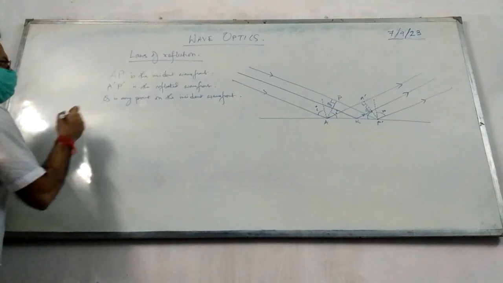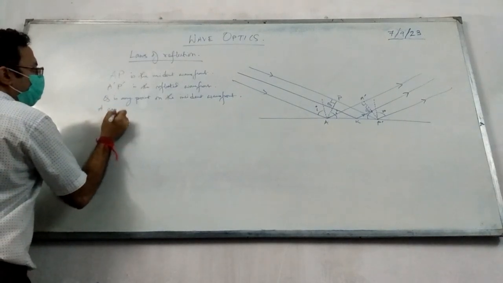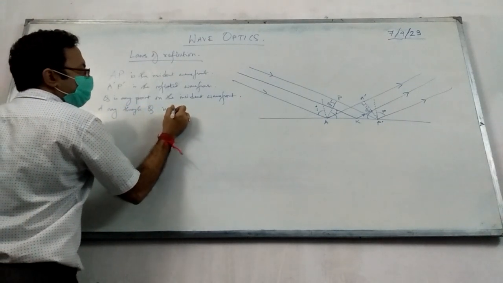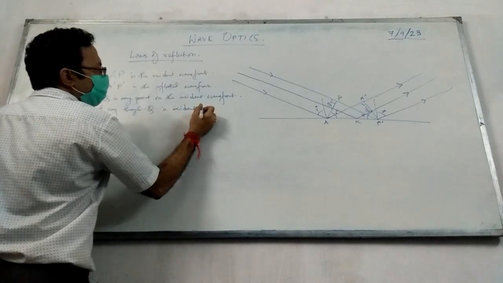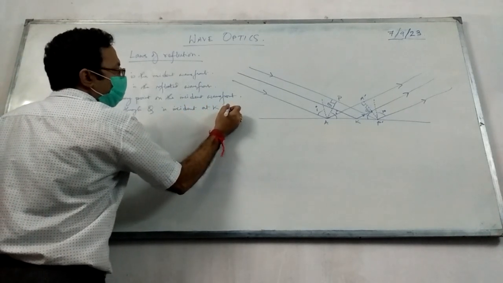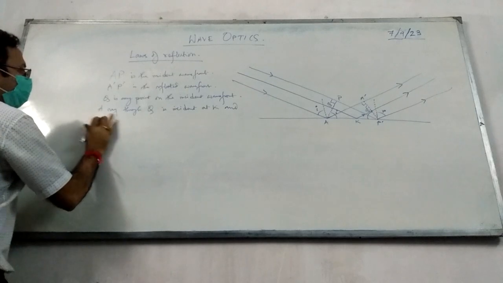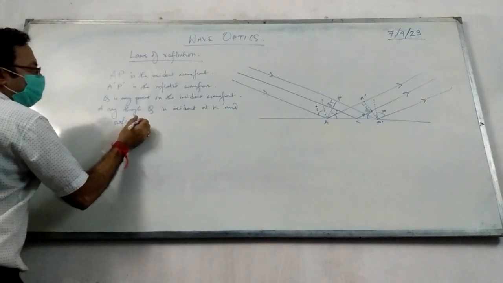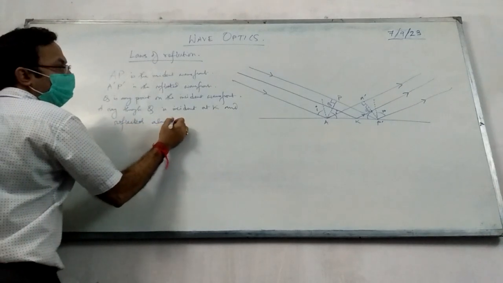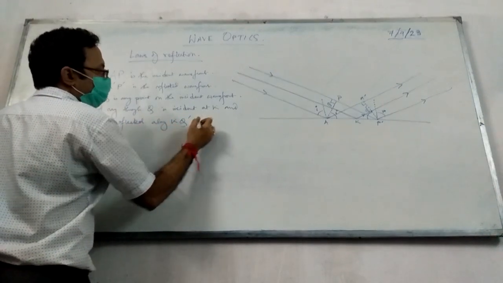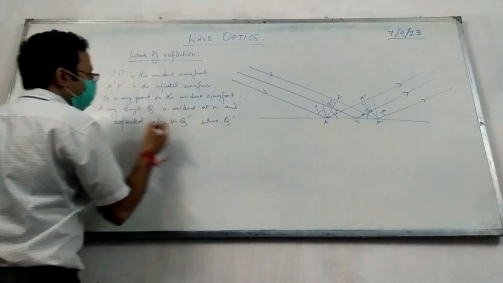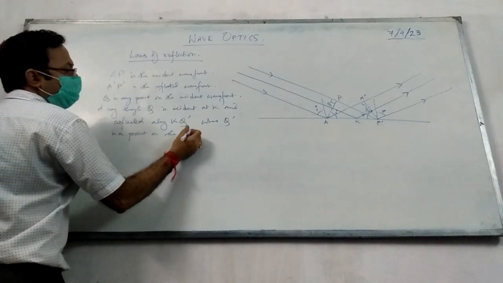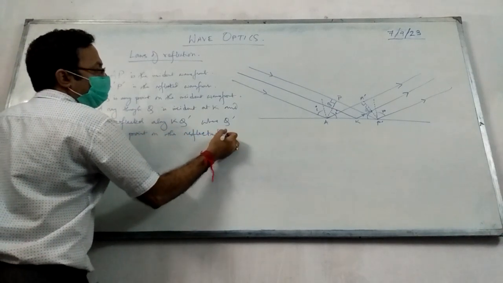The ray through Q is incident at K and reflected along KQ dash, where Q dash is a point on the reflected wavefront.